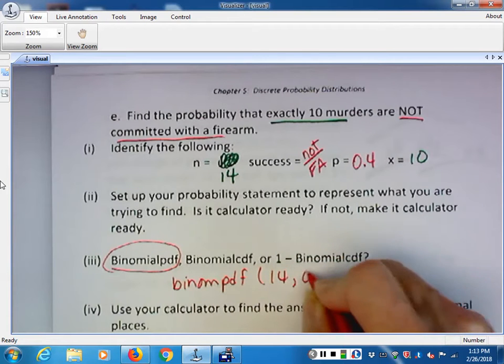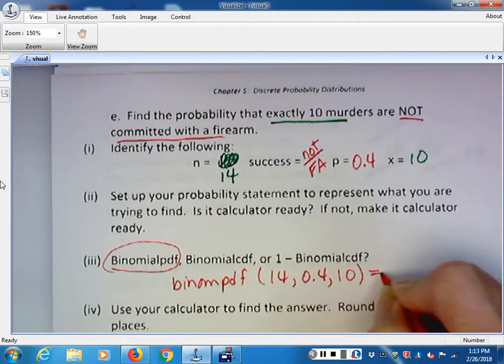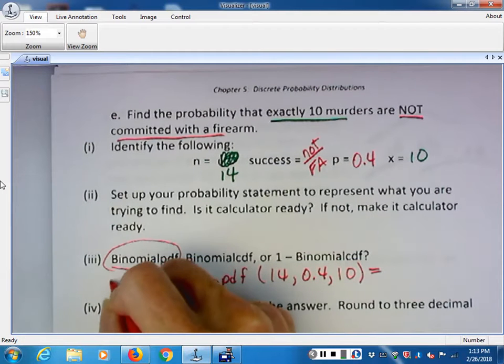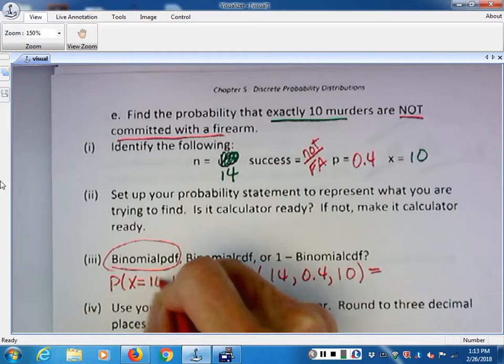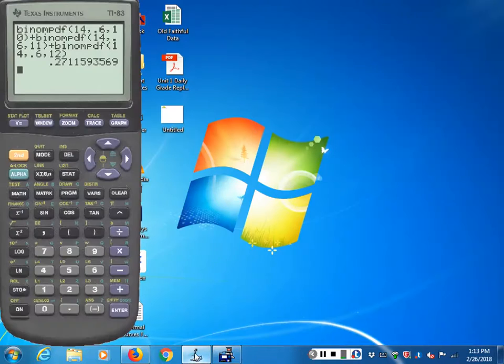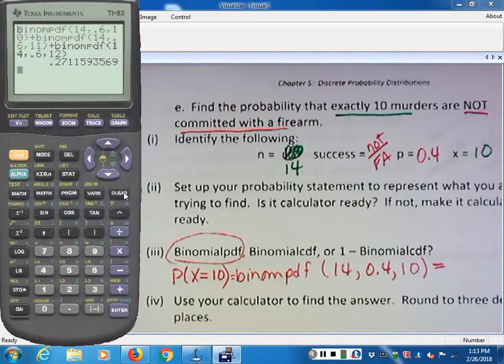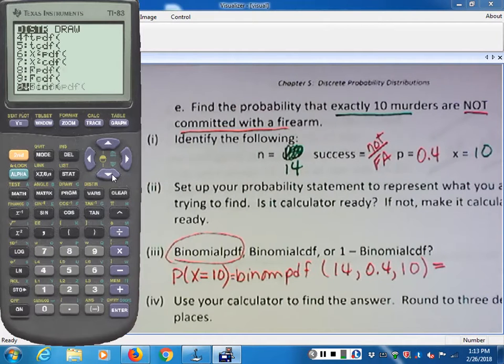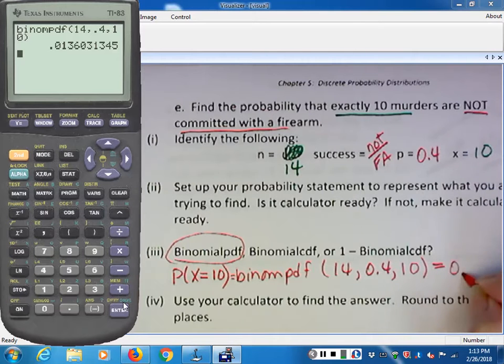Still the same number of trials, but the probability of success now is different. And that probability is 0.014. Okay?